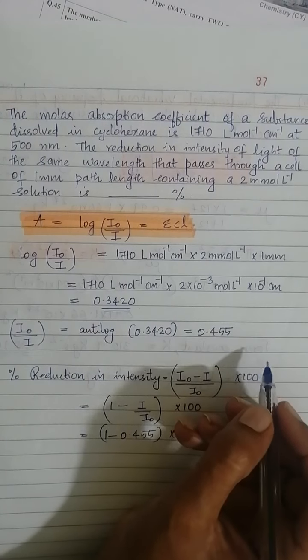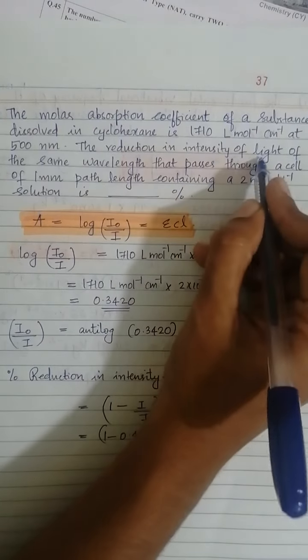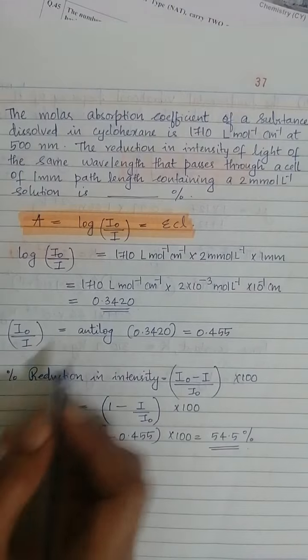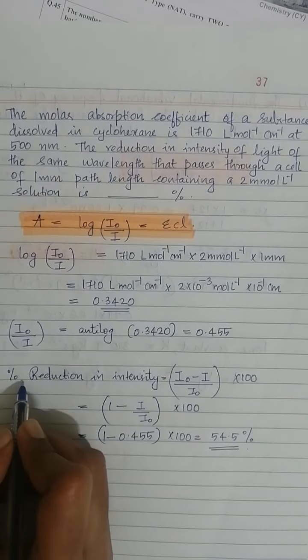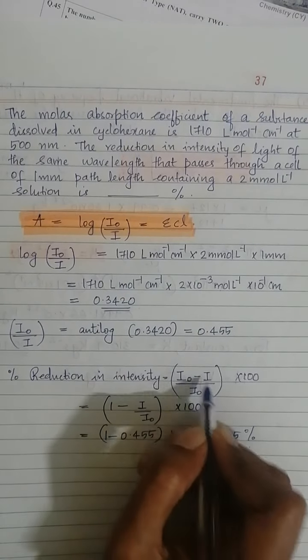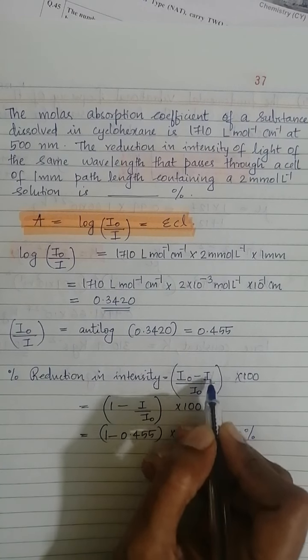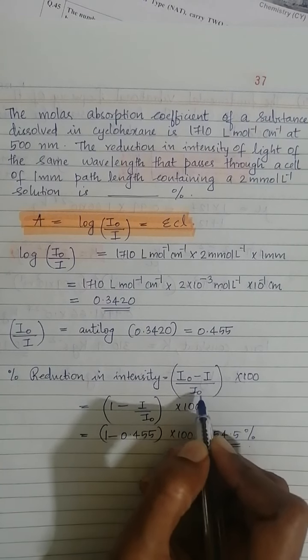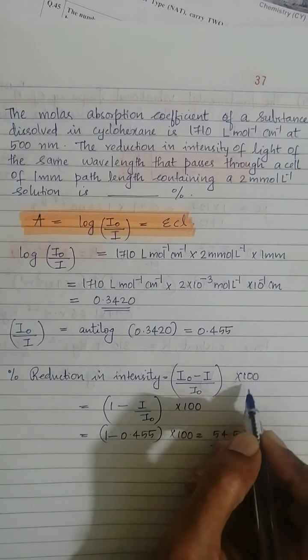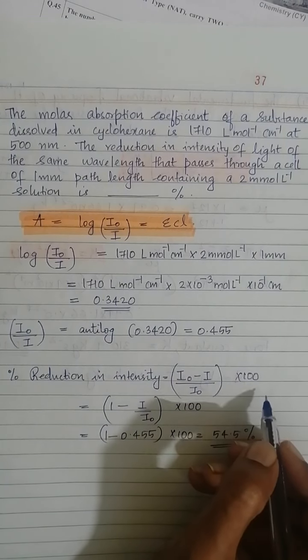Now in the question they have asked for the reduction in intensity of light, and that too in percentage. So percentage reduction in intensity will be the reduction in intensity from the initial value, that is I0 minus I, by the initial intensity, that is I0, into 100, since we want the answer in percentage.